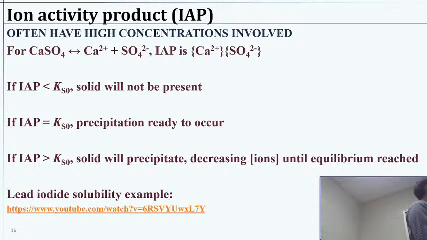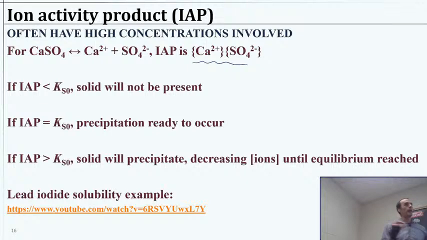So maybe we do need to use ionic strength or some other way to estimate activity. So that ion activity product would simply be, making sure we're keeping the activity of those two species, or however many species, right? So for the case example, the ion activity product is K.